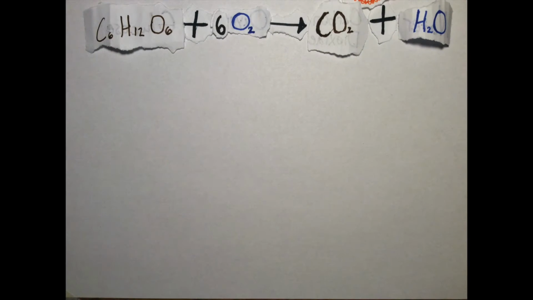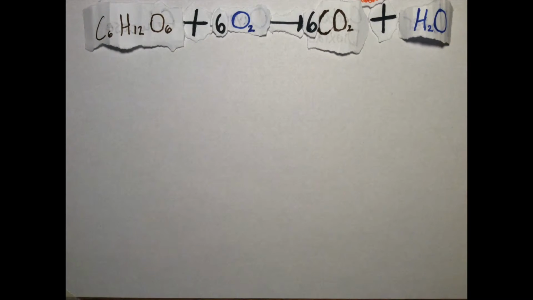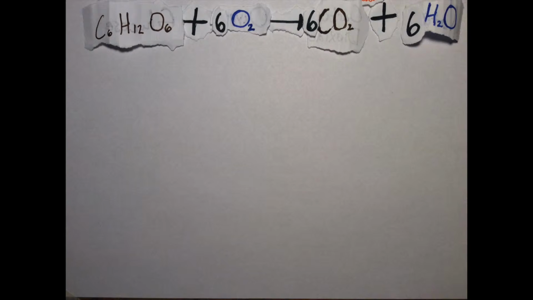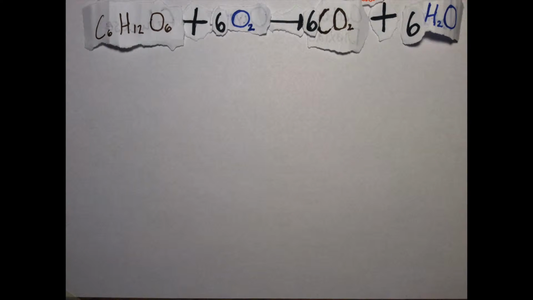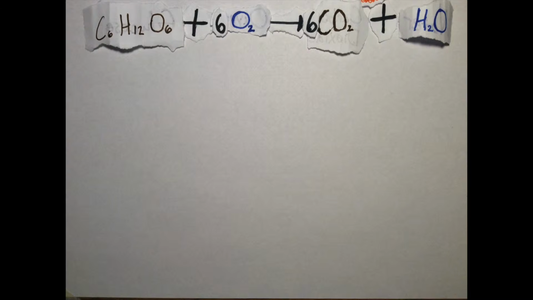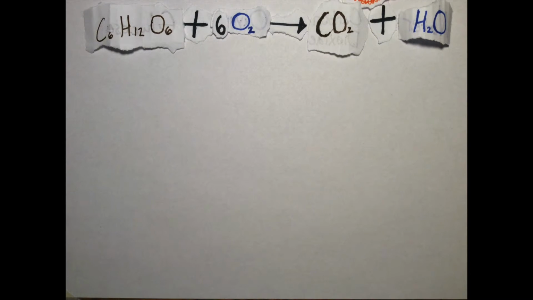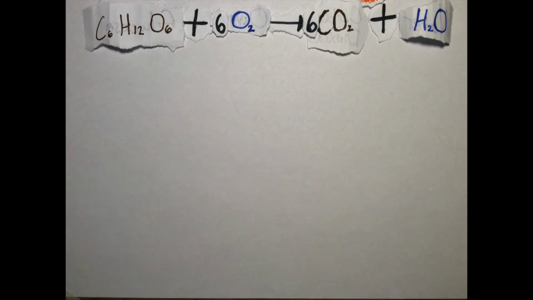So that makes it so that the total number of oxygen atoms on the left side is equal to the total number of oxygen atoms on the right side, and likewise for the carbon atoms and the hydrogen atoms. You can see in glucose alone there are 6 carbon atoms, and now that we have the 6 in front of the CO2, there are also 6 carbon atoms on the right side as well.